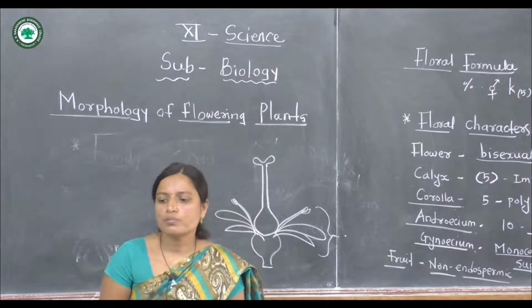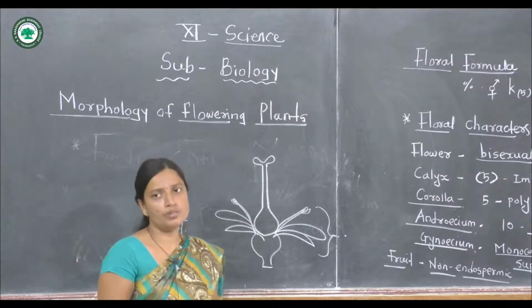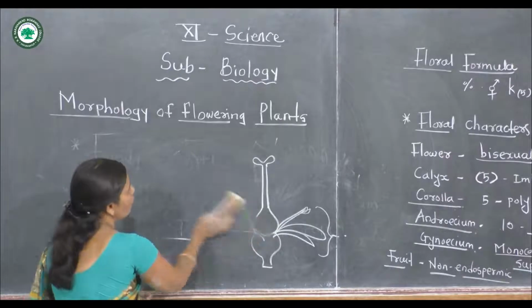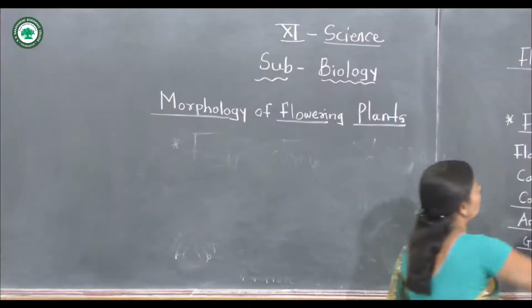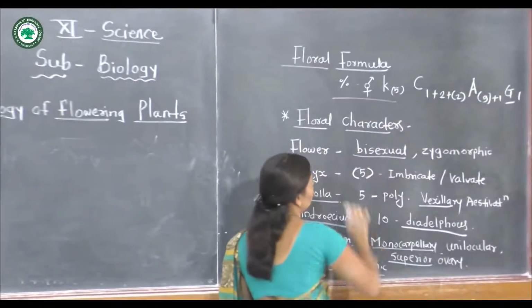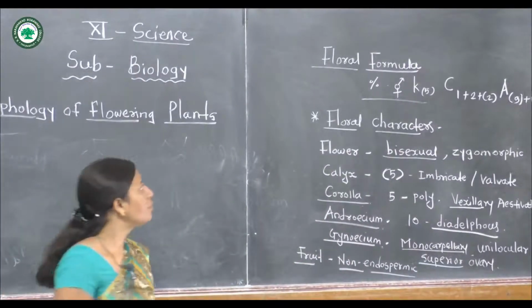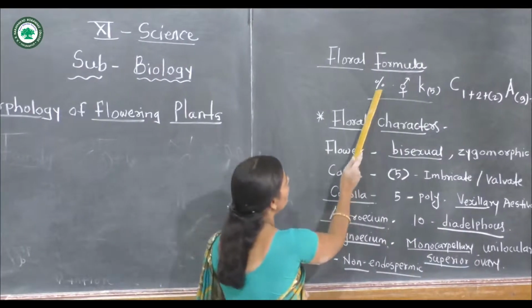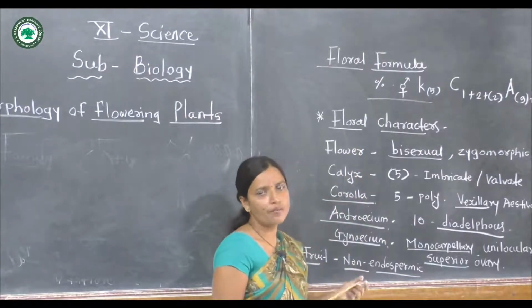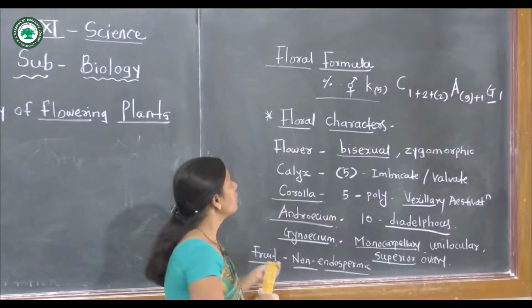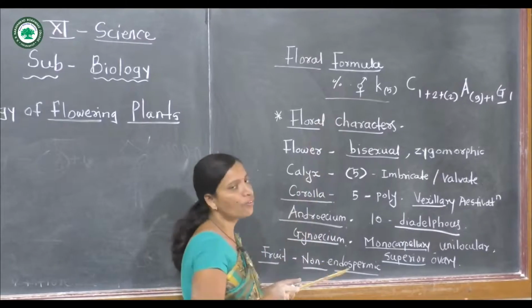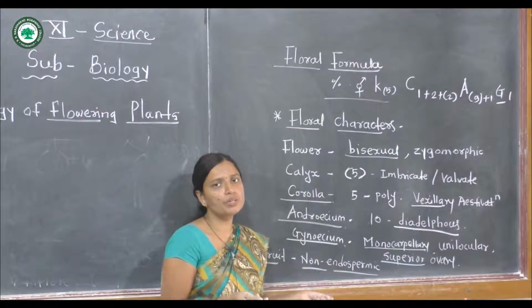Now the next point, the floral formula of this family. This is the floral formula of family Fabaceae. The first symbol is zygomorphic flower. Zygomorphic flower means that if this flower is cut on one plane, it divides into two equal halves.